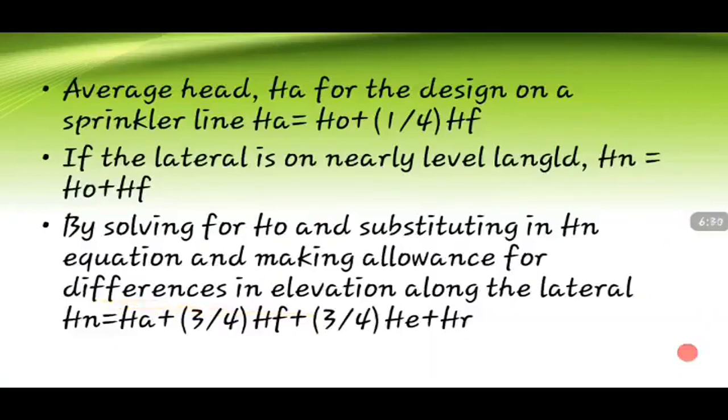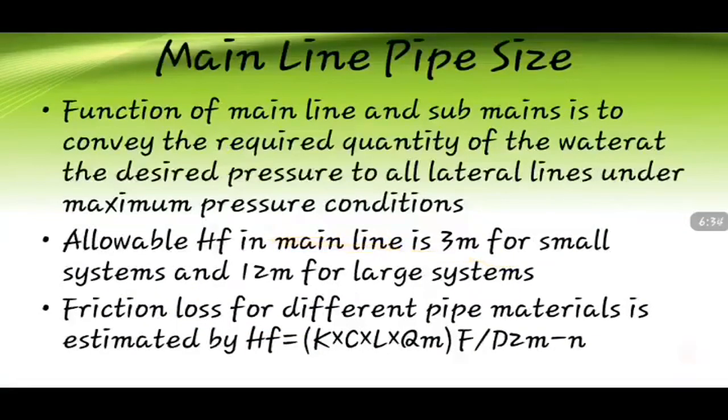So, mainline pipe size. The function of the mainline and submains is to convey the required quantity of water at the desired pressure to all lateral lines under maximum pressure condition. The allowable HF in the mainline is 3 meters for small systems and 12 meters for large systems.